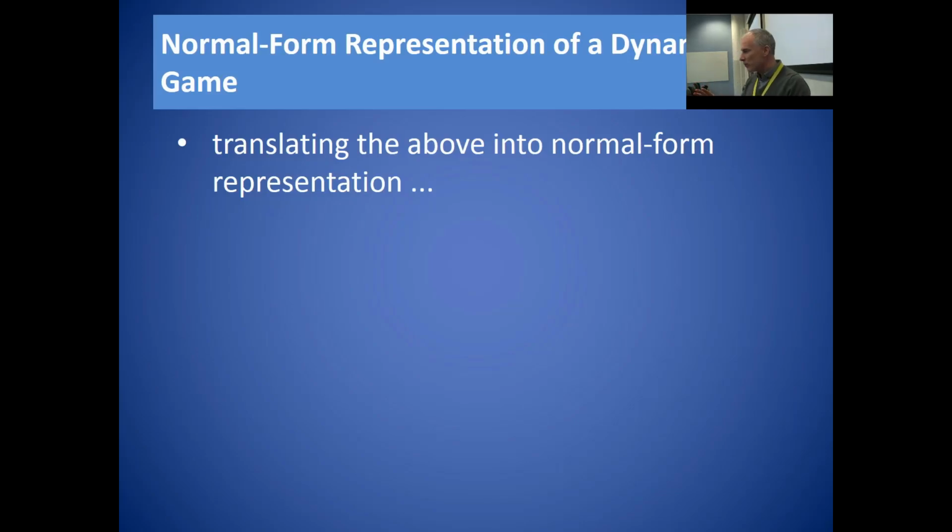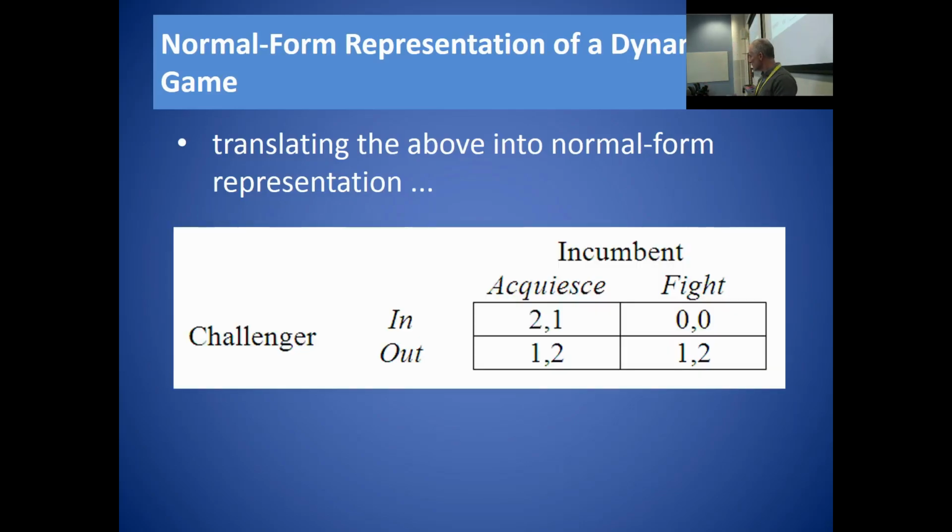If we take that game and translate it and represent it in its normal form, then we can go through our tried and trusted procedure: identify the best responses, put the circle around them, and see where the Nash equilibrium lies. So that's what we'll do. We'll take that game of market entry and translate all that information into this normal form representation.